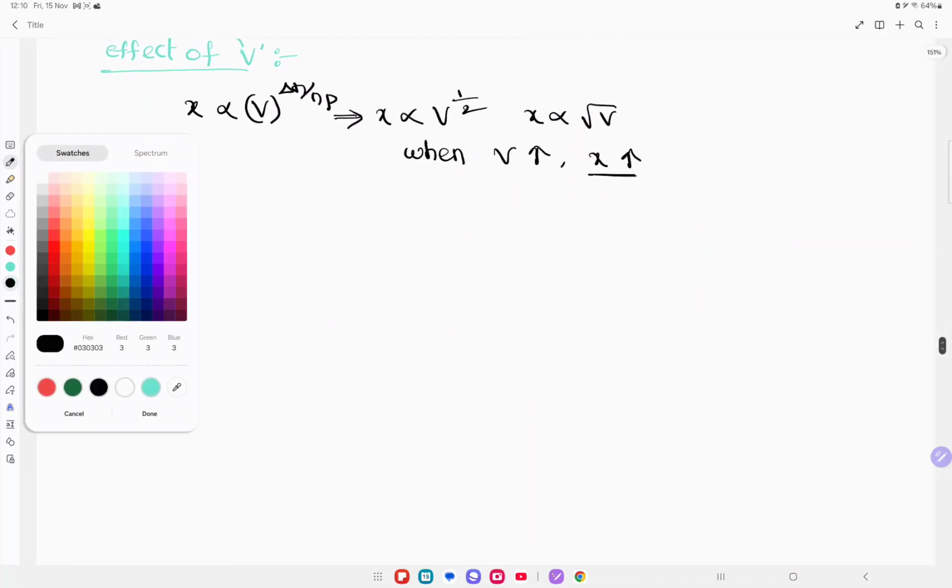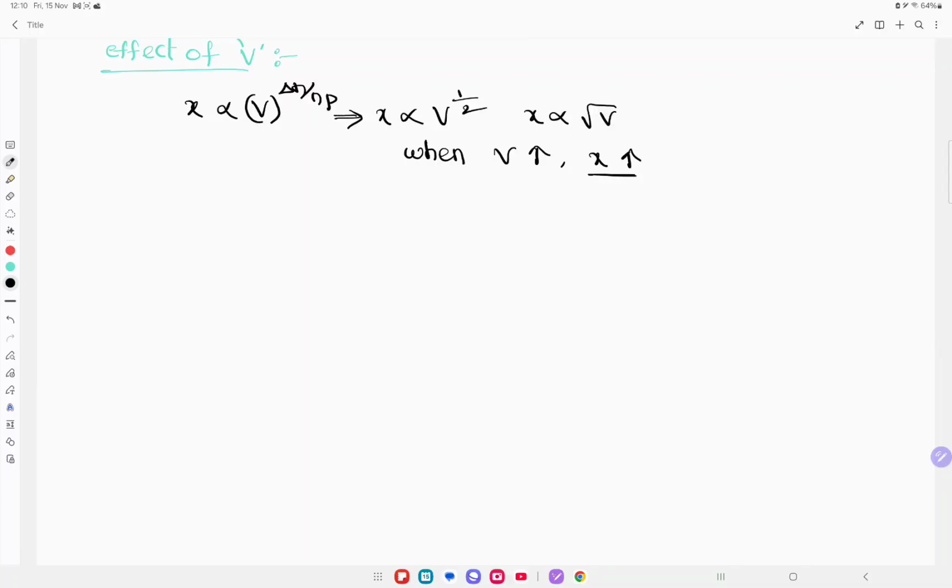Okay. Next, the effect of pressure. X is proportional to 1 by P power delta n by np. What is delta n for this reaction?